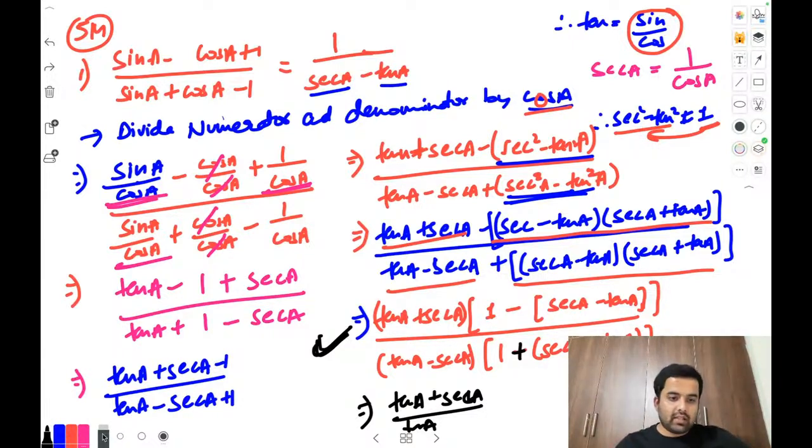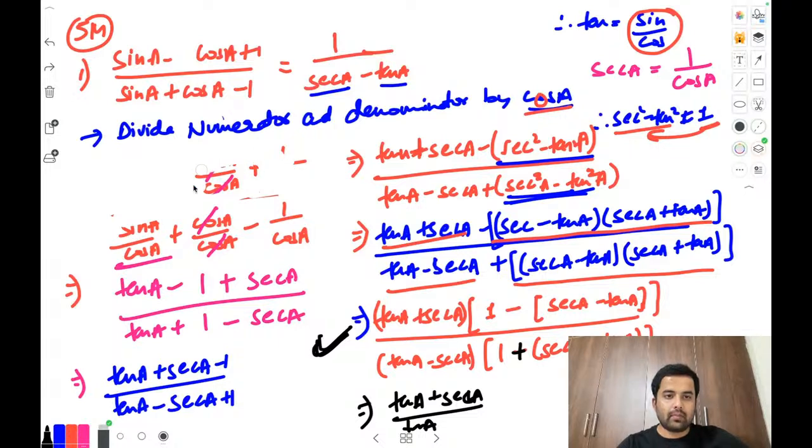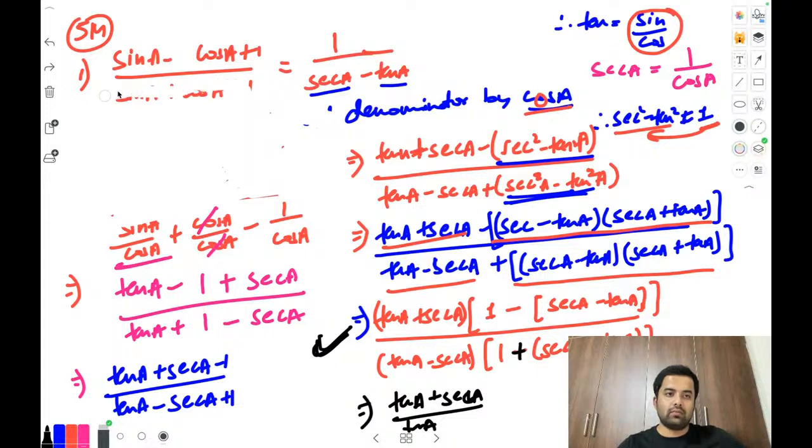Okay, let me erase this side. We are erasing the first step. This is a 5 marks question. That's why it will go a little bit lengthier. It will take time to solve. It is not that in just 1 minute you can solve this.